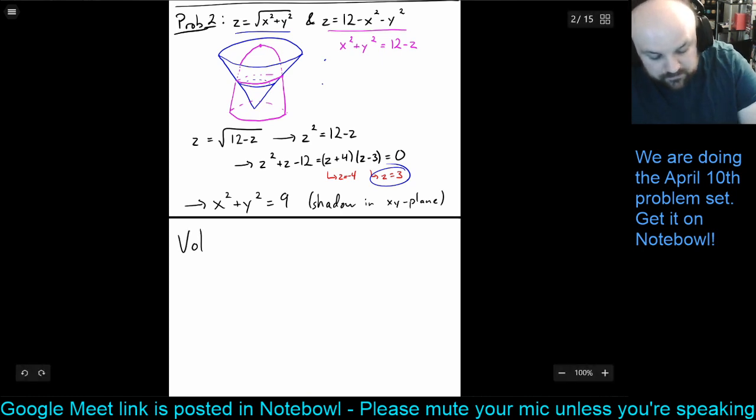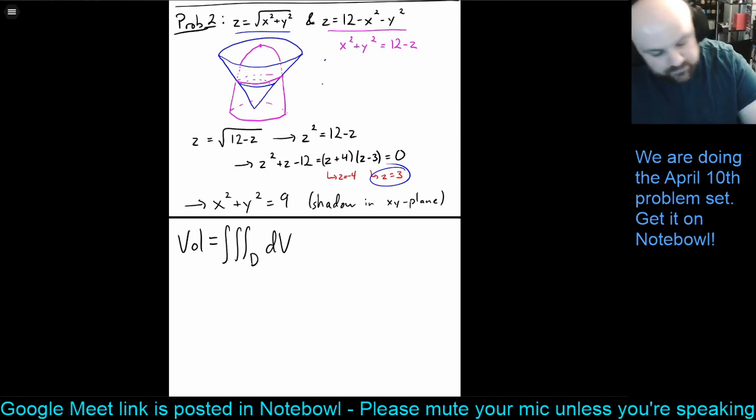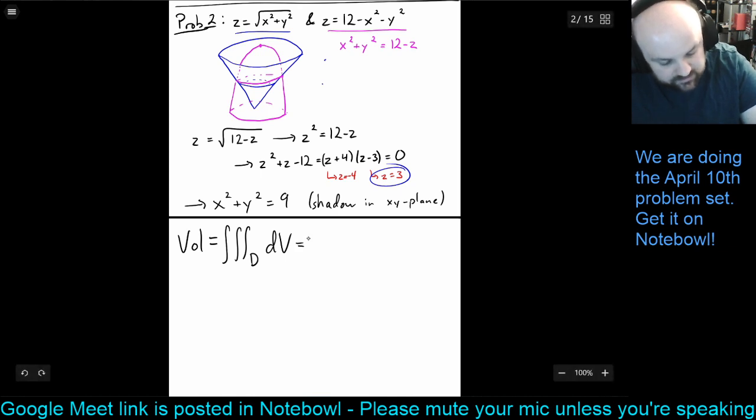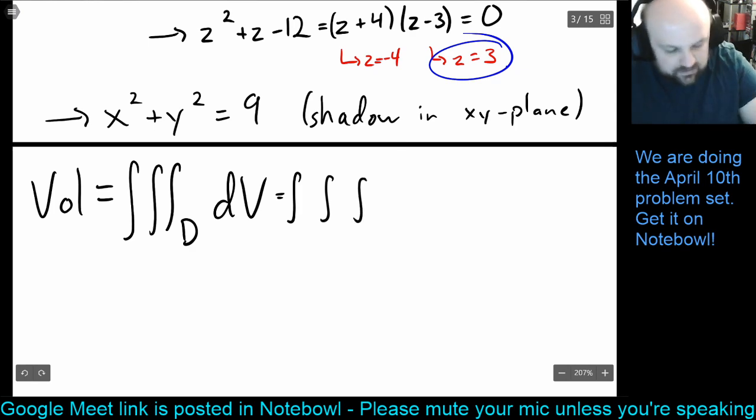So the volume will be, remember that volume is always the triple integral of dV. And in this case, I can fit it here. I just am not zoomed in or zoomed out so far.